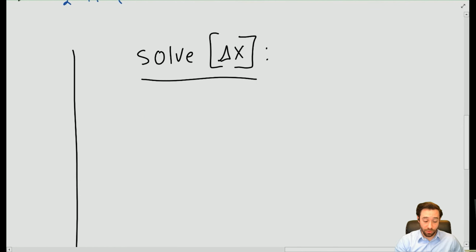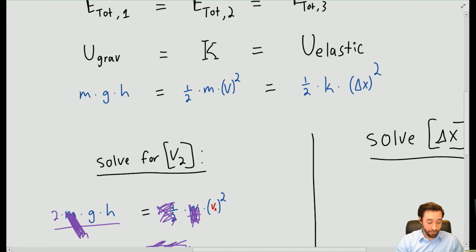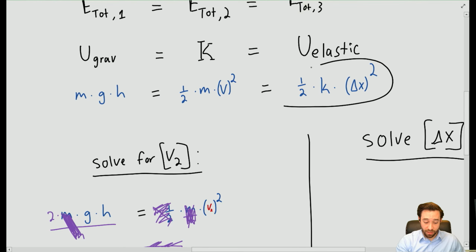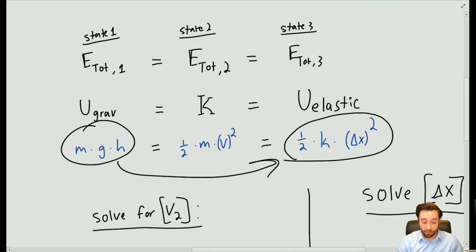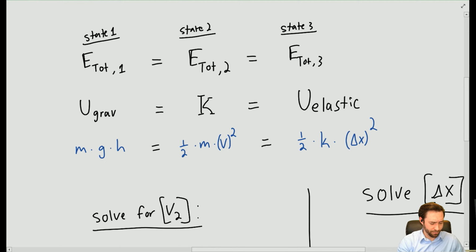Now, if we're trying to solve for delta x, delta x is going to be dealing with state 3. Since all three of these states are equal to each other, I can do state 1 equals state 3, and it's still a valid statement.